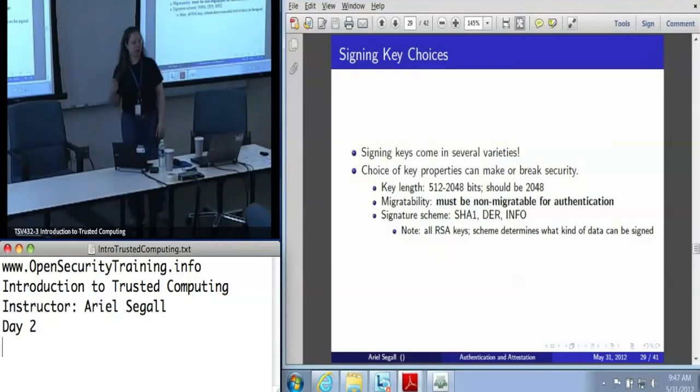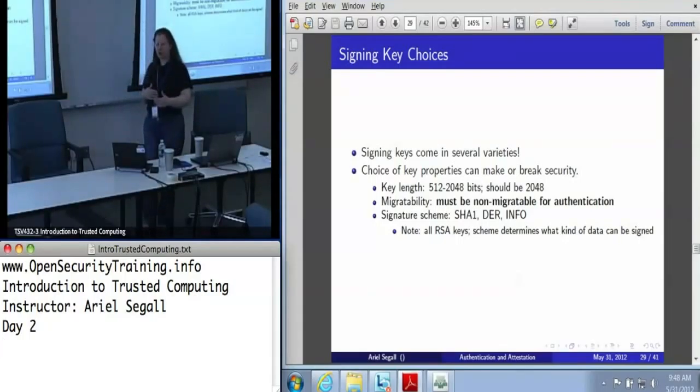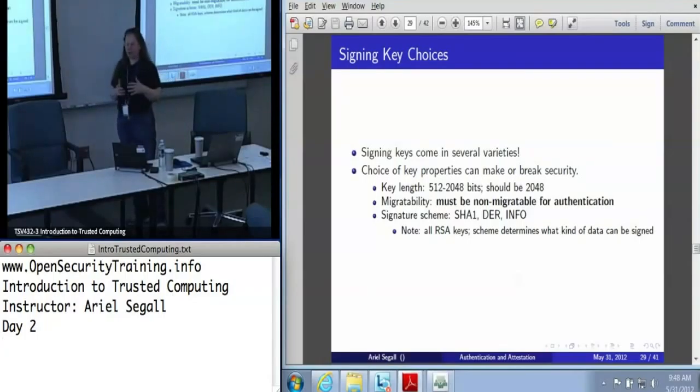Migratability. If you're trying to use a key for machine authentication, you really, really want a non-migratable key. After all, if it's migratable, you don't actually know which machine it's on, so authenticating a machine with it is a pain in the neck, and you don't want to do this. It's not going to work. There are certifiable migratable keys.